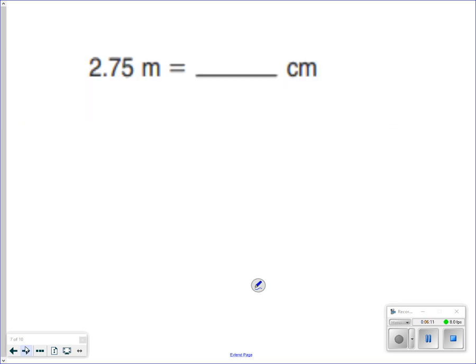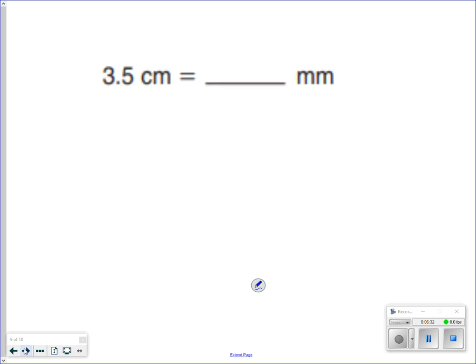Let's do a little practice here. We've got 2.75 meters. How many centimeters would that be? Well, there are 100 centimeters in a meter, so you would move the decimal 2 spots, so we're at 275 centimeters. Next one, 3.5 centimeters in millimeters.